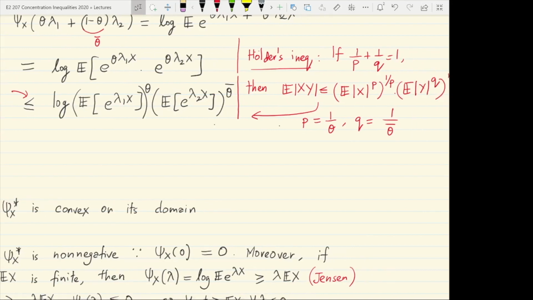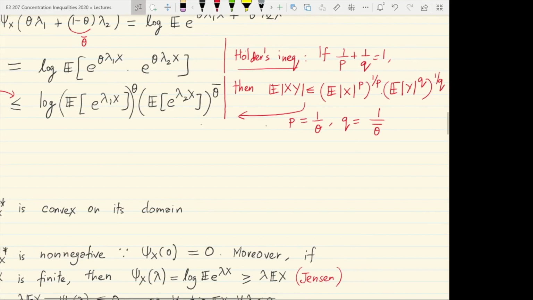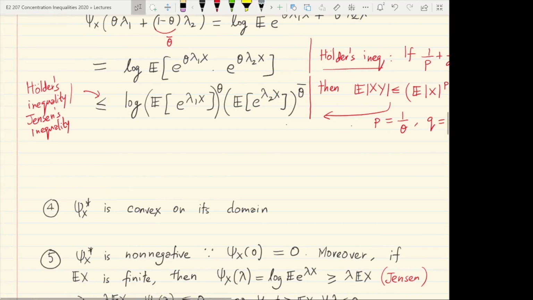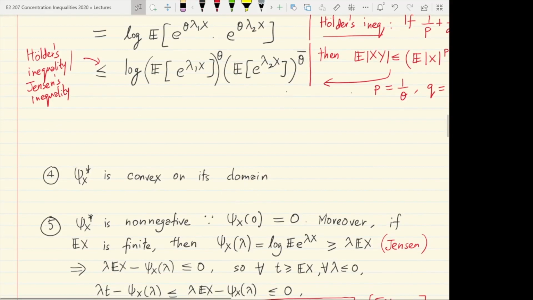By the way, if p and q are equal to half in Holder's inequality, you get what is called the very well known Cauchy-Schwarz inequality. So Holder's inequality is just a generalization of Cauchy-Schwarz, which you may be much more familiar with. And so the moment you have Holder's inequality here, this just simplifies to theta cx of lambda 1 plus theta bar cx of lambda 2.